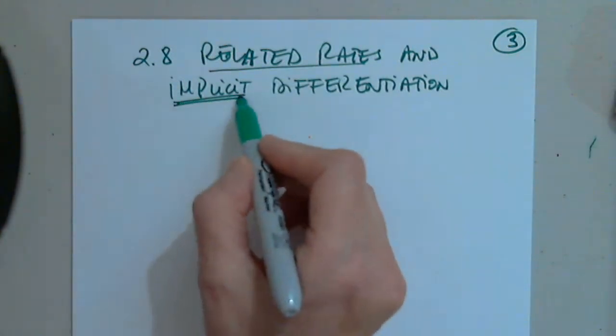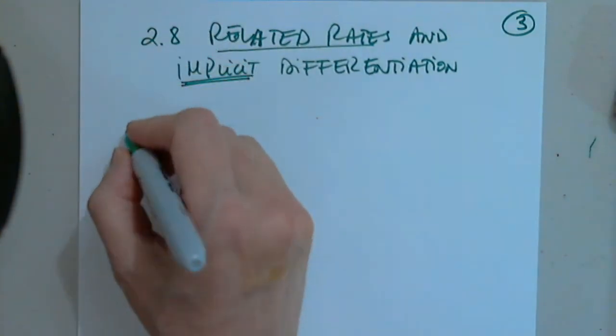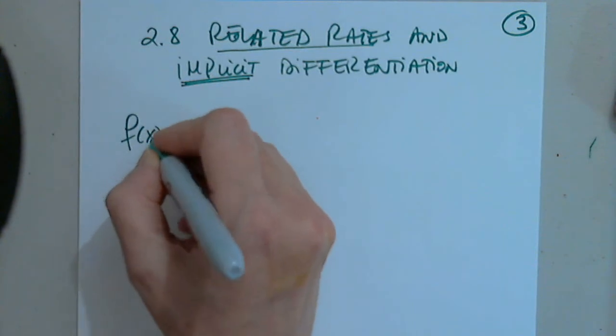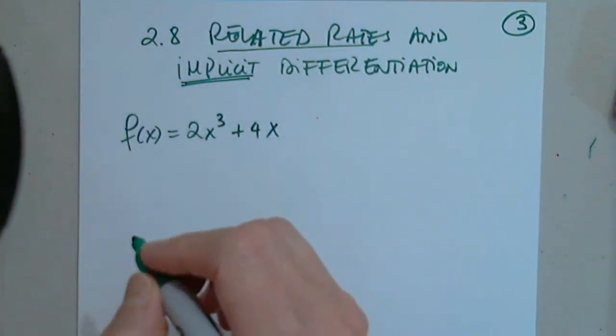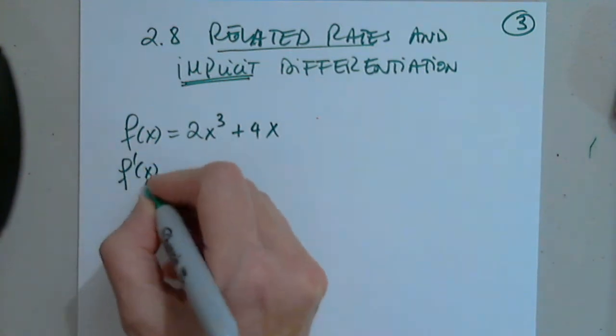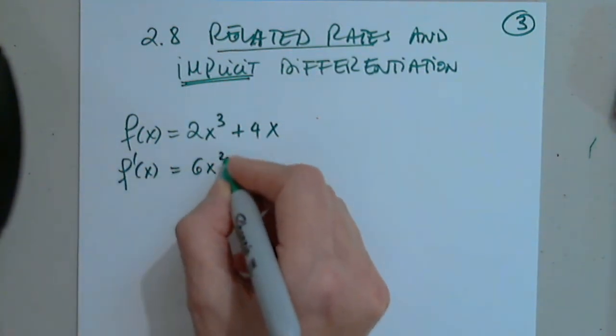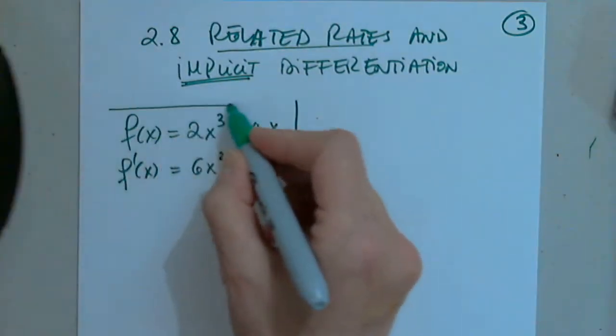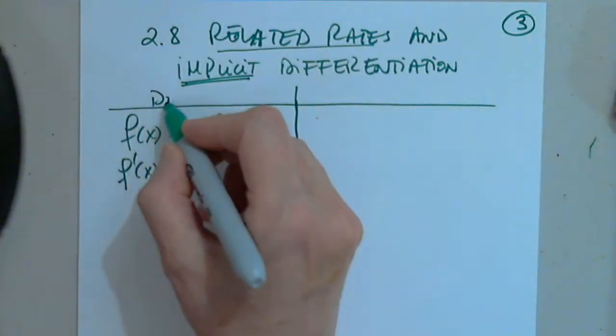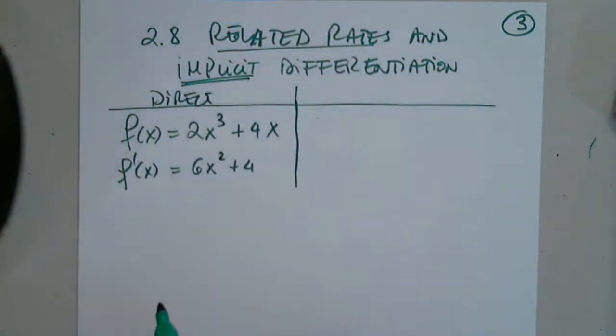What is implicit differentiation all about? What do I mean by implicit? If I'm given, let's say, f of x is 2x cubed plus 4x, I can directly find the derivative as 6x squared plus 4. That's direct. I have the function.